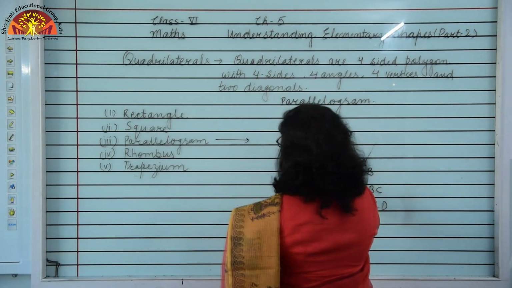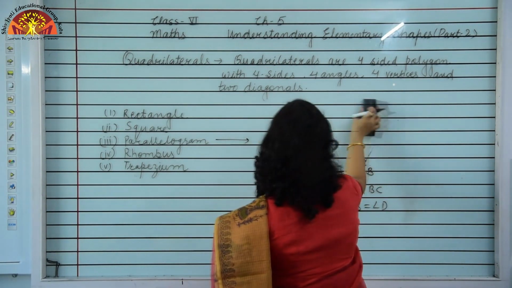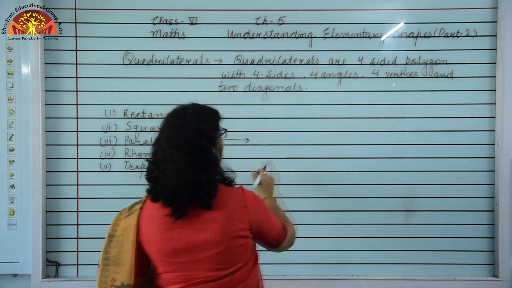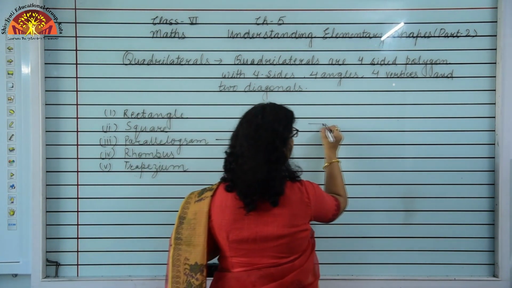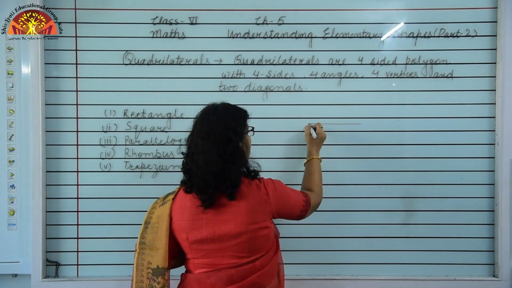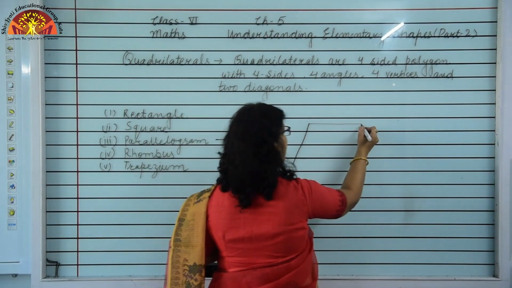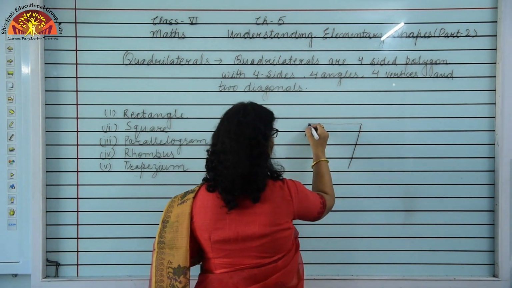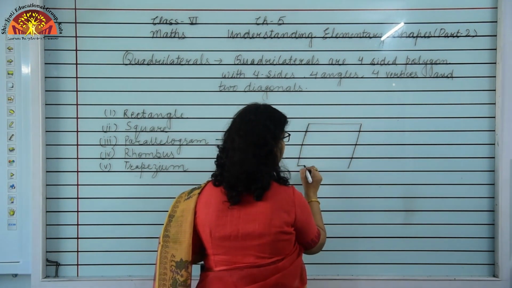Now the next type of parallelogram is rhombus. In a rhombus, it is also a parallelogram. Rhombus भी क्या है आपका parallelogram है, but in a rhombus all sides are equal or adjacent sides are equal.